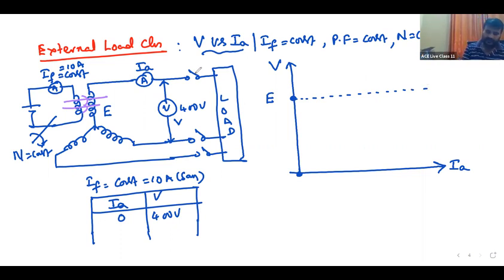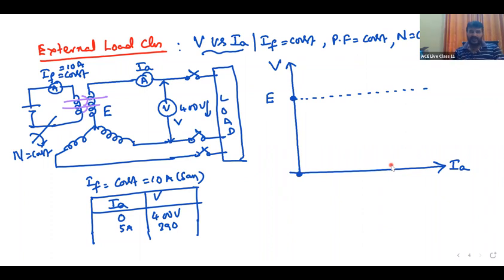Now increase the load. When load is connected, current increases, say some 5 amperes. But what happens to voltage? Definitely voltage will reduce, maybe to some 390 volts. For example, with a resistive load, as load increases, current increases, and voltage reduces. With a leading power factor load, voltage increases.